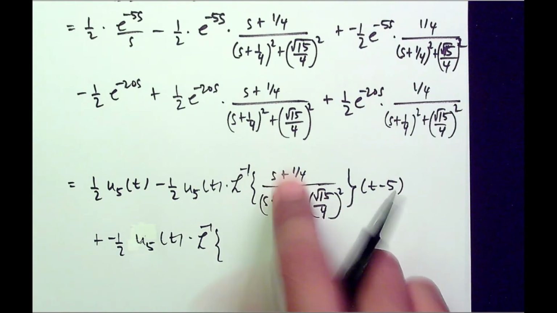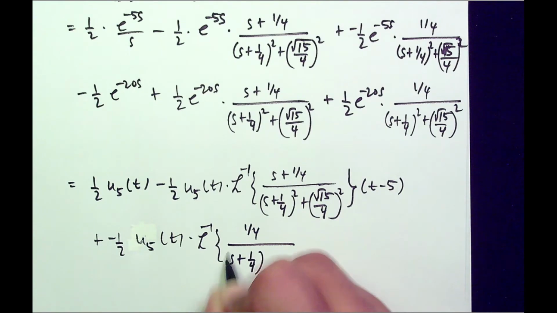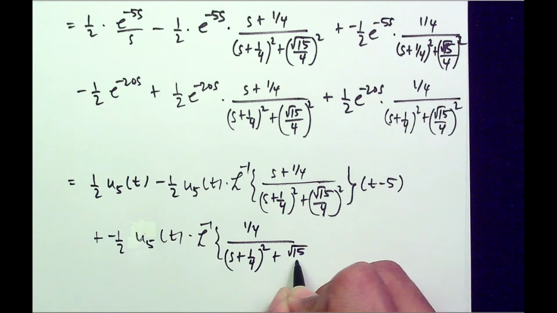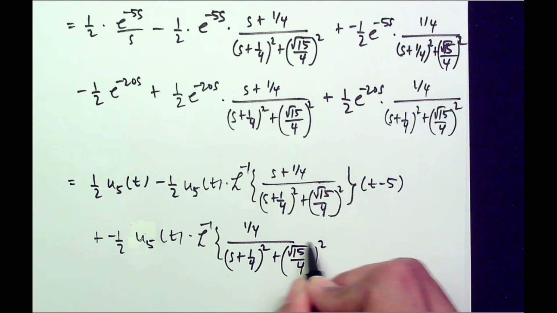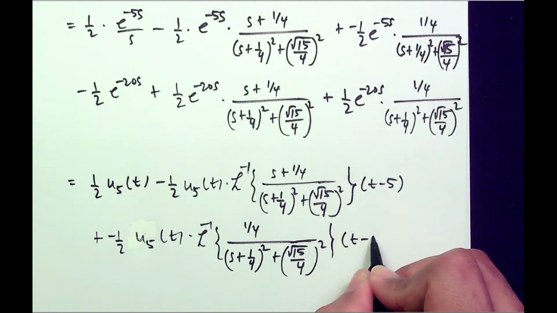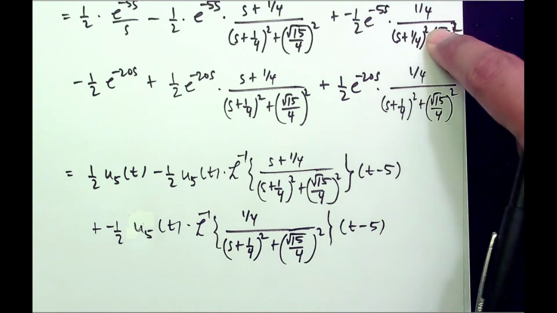Now I have just a quarter. So a quarter over (s plus 1 quarter) squared plus (square root of 15 over 4) squared, evaluated not at t, but at t minus 5. So that's inverting this one.